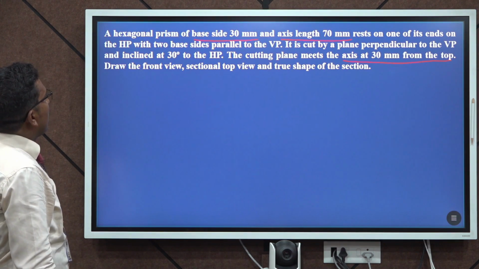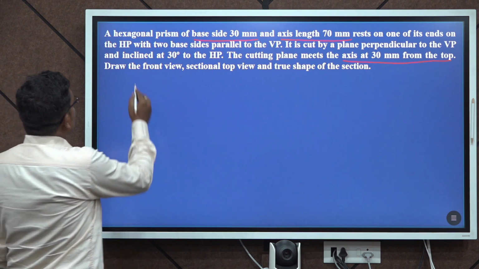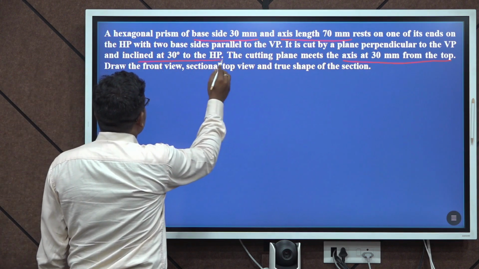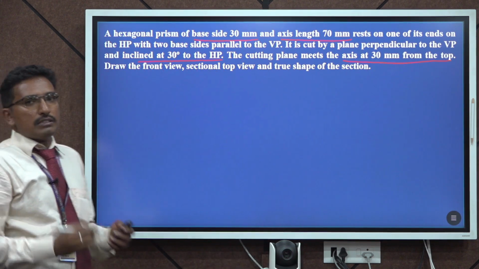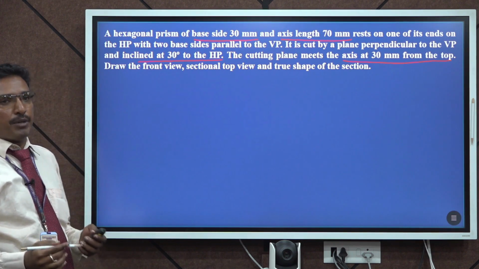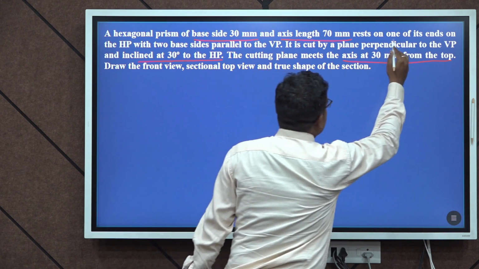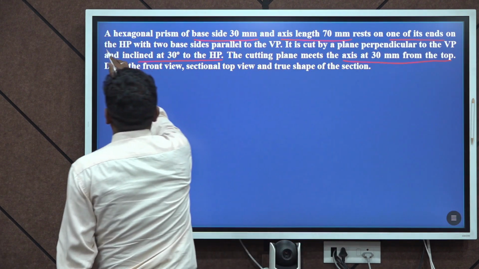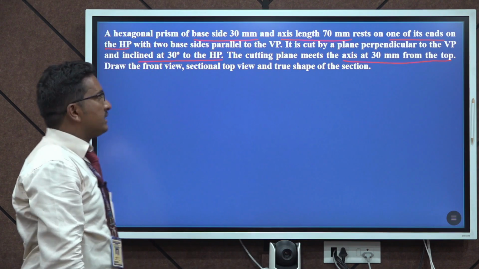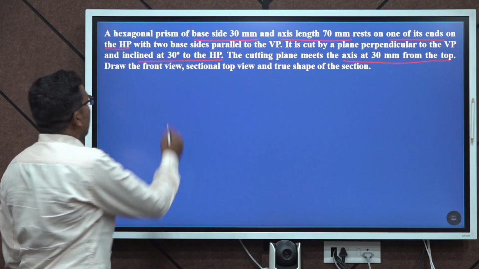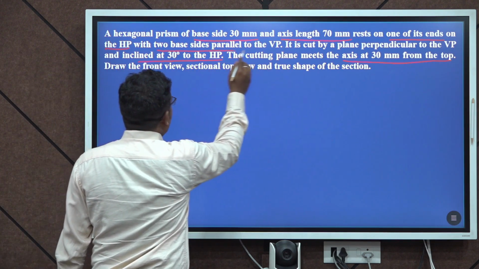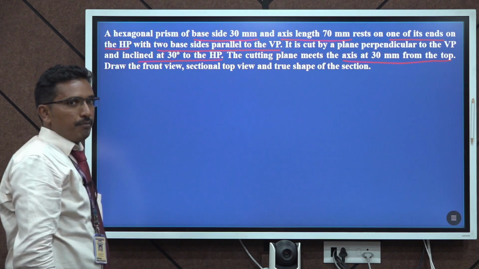The cutting plane is inclined at 30 degrees to the HP. Before going to the section plane, we have to draw the simple position. They have given that one of its ends is on the HP, so hence they have given the simple position, and one more thing, they have given that two base sides are parallel to the VP.